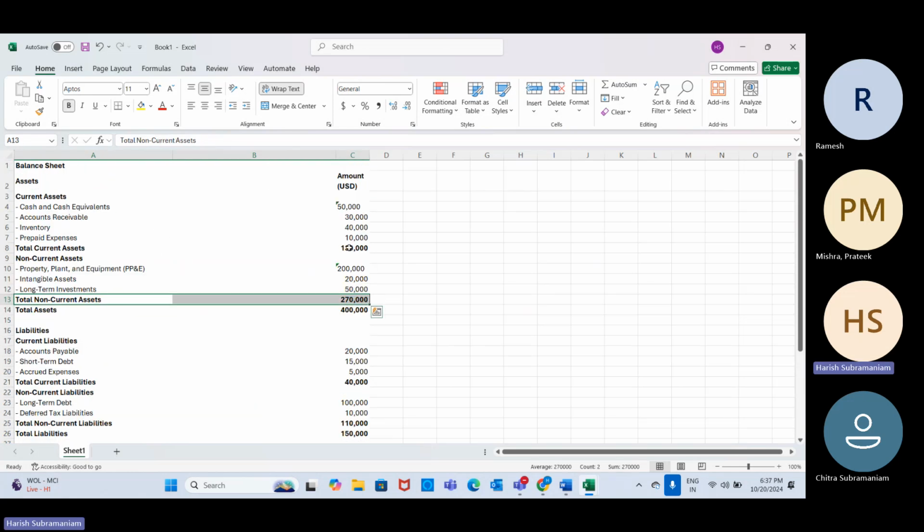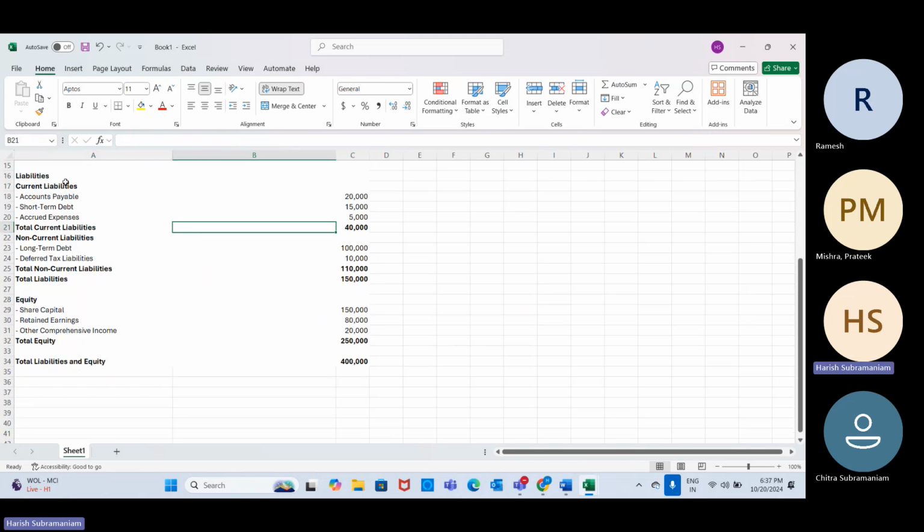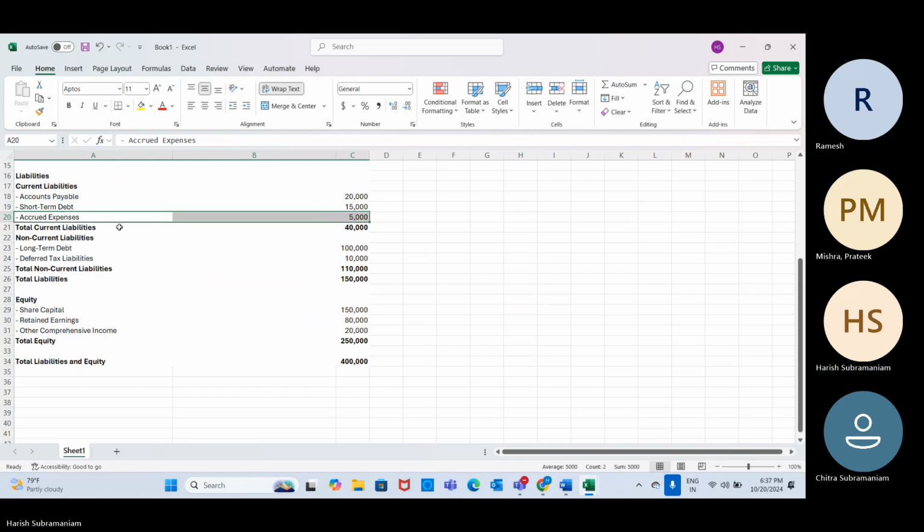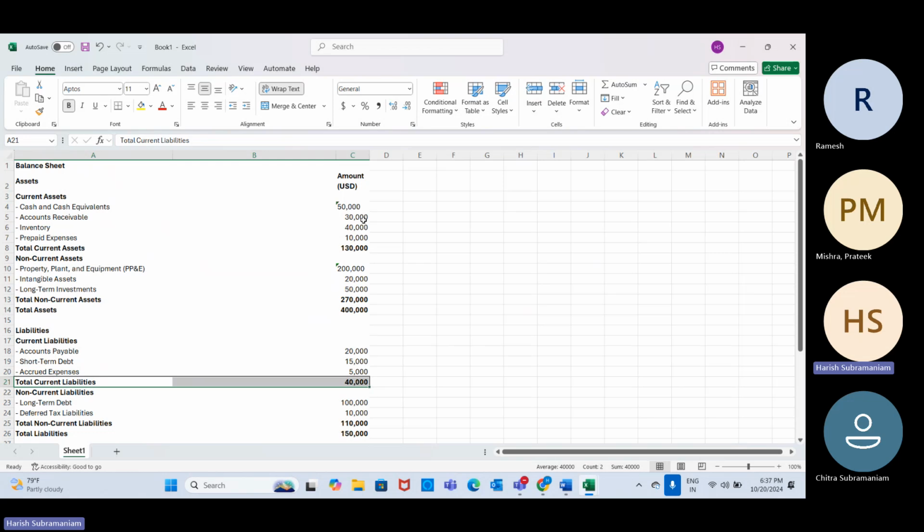The sum of the current assets and the non-current assets will be the total assets. And then we have the liabilities, where we have the accounts payable, the short-term debt, and accrued expenses. With that, we have the total current liabilities, the amount that is owed right now. And over here, one key thing we see is that the current assets is about $130,000.